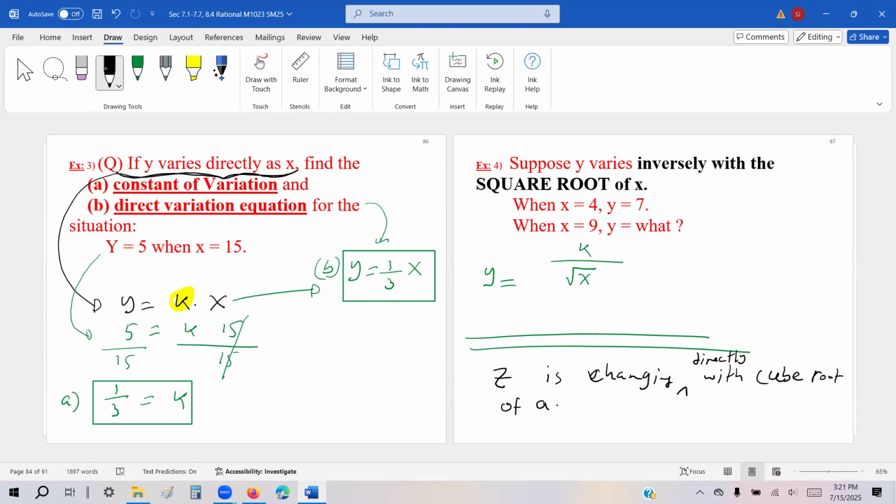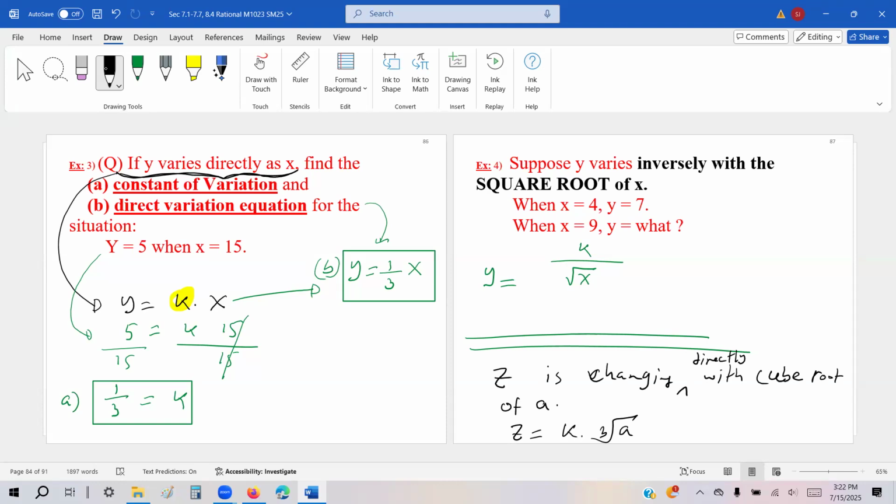Which two things are changing here? Only A? So Z equals cube root of A. How are they changing? Directly or inversely? So directly means K goes where? Next to here.